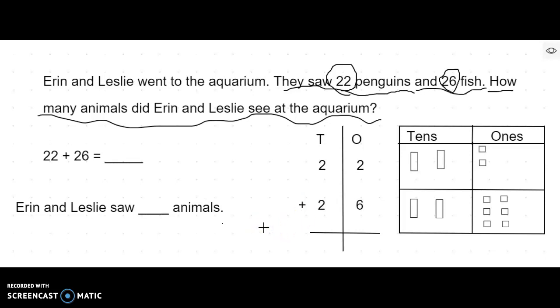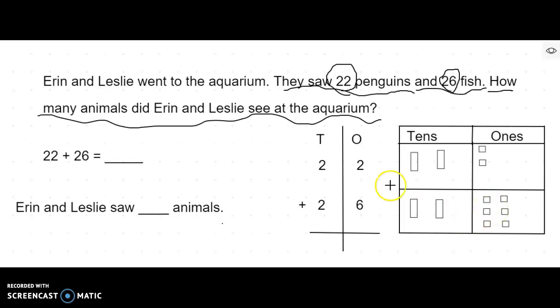I have my 1s side and my 10s side. And now I'm not going to confuse them. I also see that here too, my 10s and 1s. I already put those in because I didn't want to take the time, but you know 2 10s and 2 1s is 22 and 2 10s and 6 1s is 26.